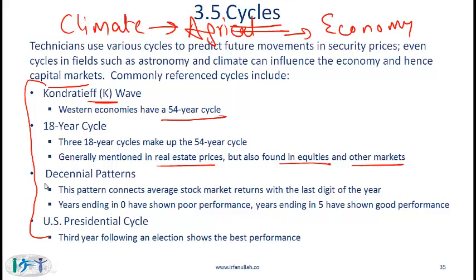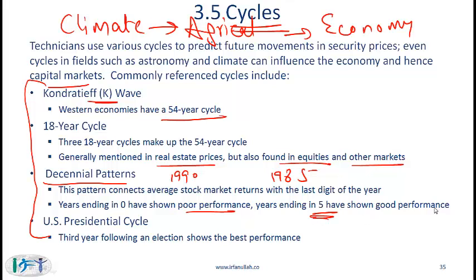You have something called a decennial pattern. This pattern connects average stock market returns with the last digit of the year, and it has been seen generally that years ending in 0, for example 1990, have shown a poor performance relative to, say, years ending in 5, such as, say, 1985 or 1975.